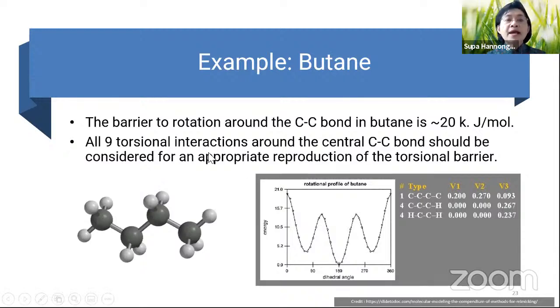So all nine torsional interactions around the central CC bond should be considered for an appropriate reproduction of the torsional barriers. So we can do a lot about the type of the CCCC bond, and the type of the CCCH, and the type of the HCCH.